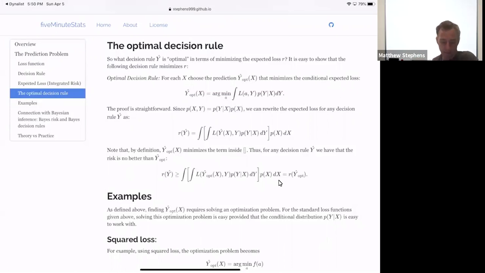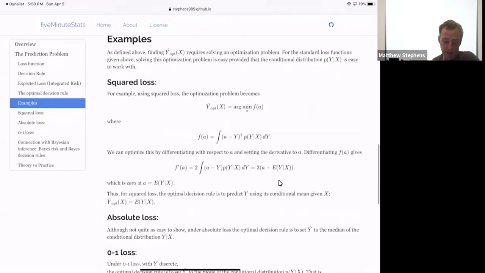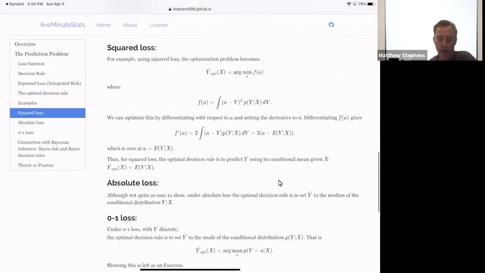So let's see some examples. Interestingly, this is the most important example here: if you use squared loss, plugging that squared loss into the formula, we're trying to minimize this function, and assuming everything's well behaved and we can differentiate under the integral sign, you just differentiate, set the derivative to 0, and you find that the optimal prediction is the conditional expectation of y given x.